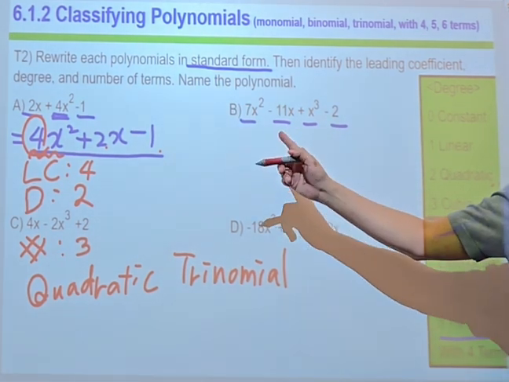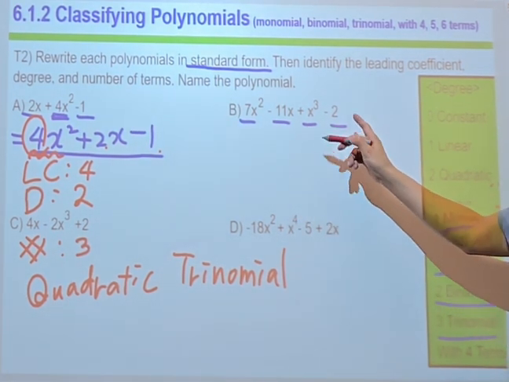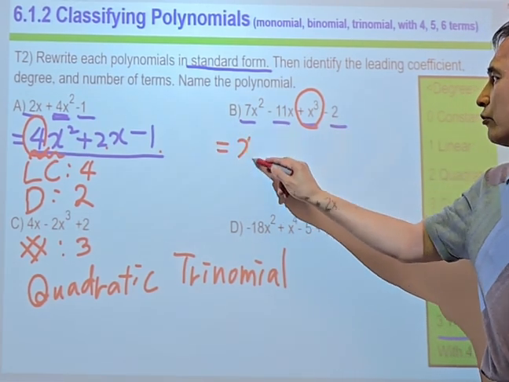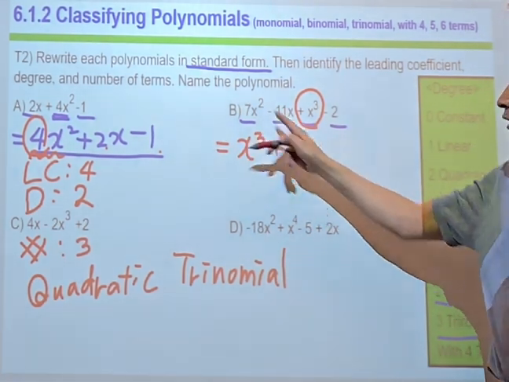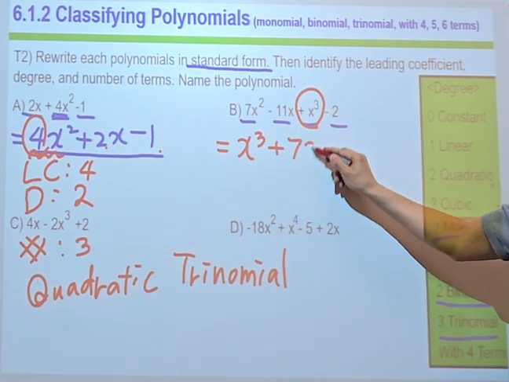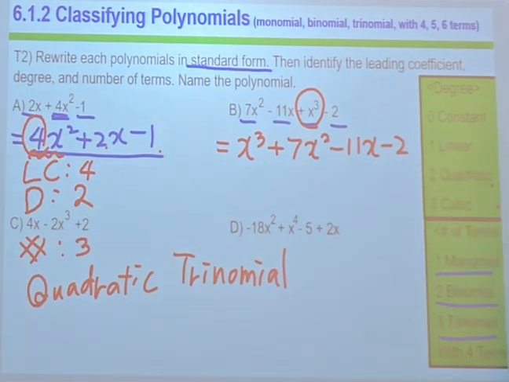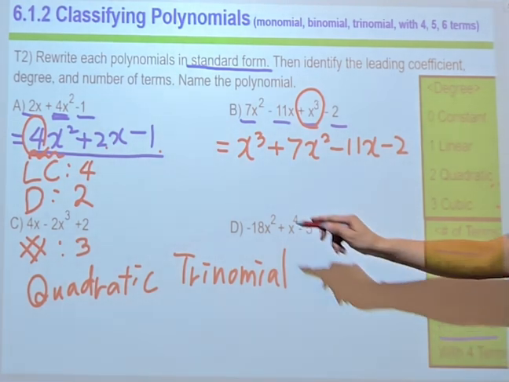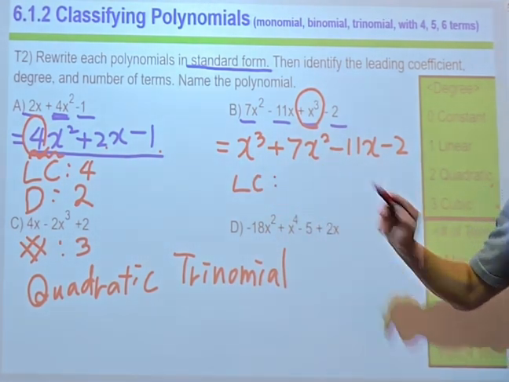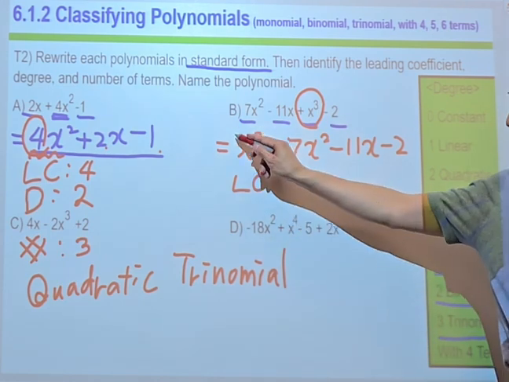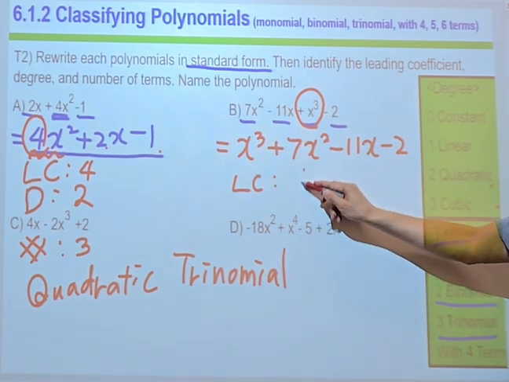Now this one, also we can write in descending order. This is the biggest degree, so we write x to the 3rd power. And nothing means plus sign. Plus 7x squared minus 11x minus 2, right? We write in descending order. And check the leading coefficient. What is the leading coefficient here? You don't say anything, but that means 1 there all the time, right?